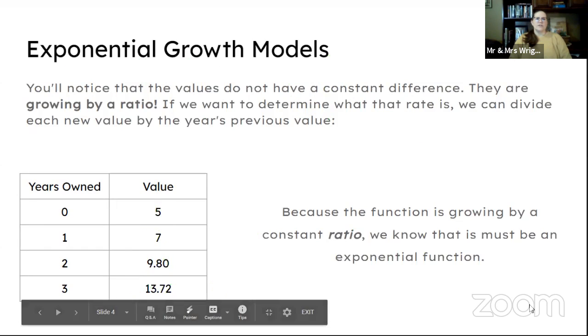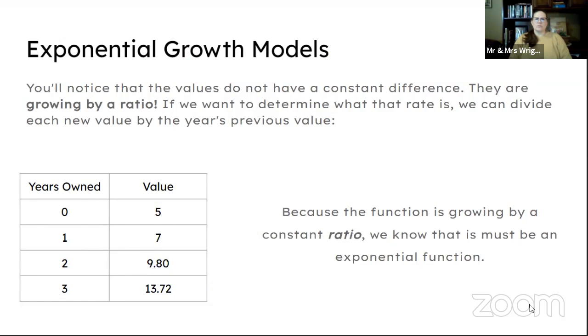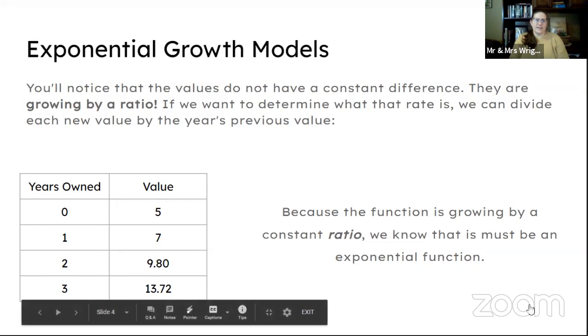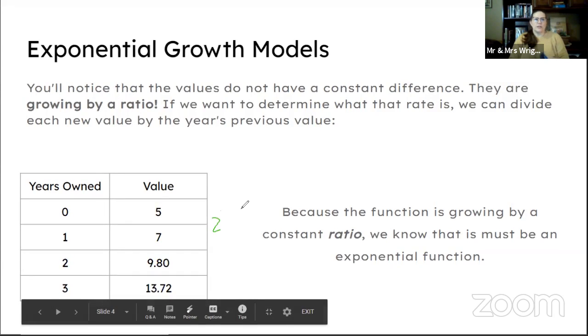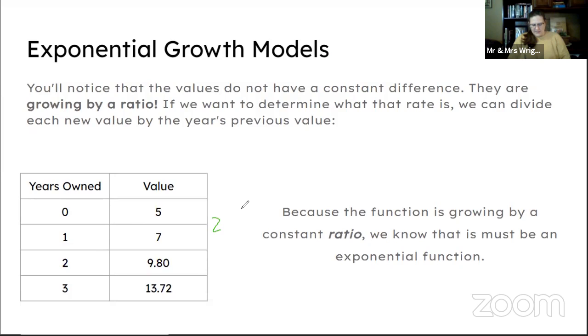All right. So when you notice that the values don't have a constant difference. Between 5 and 7, we had a difference of $2. Between $9.80, 9.8 minus 7, it was $2.80. And then between 13.72 and 9.80, we had a difference of $3.92.